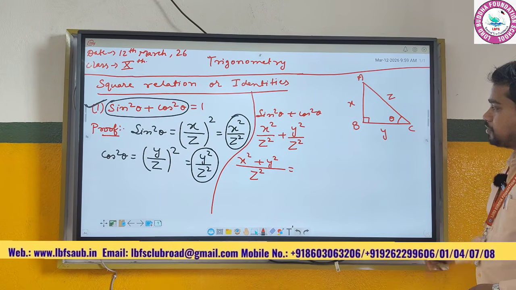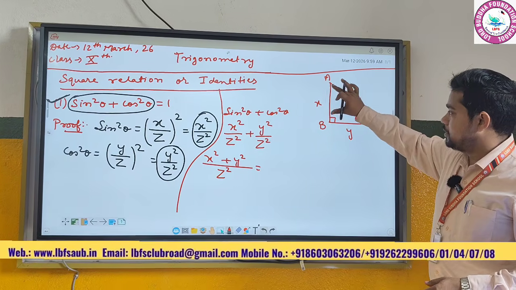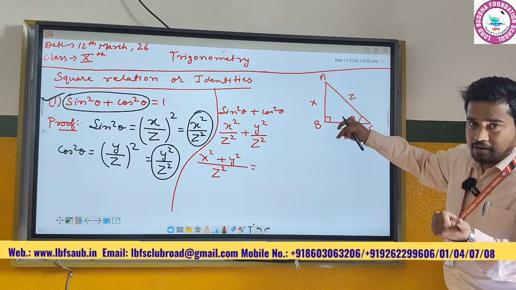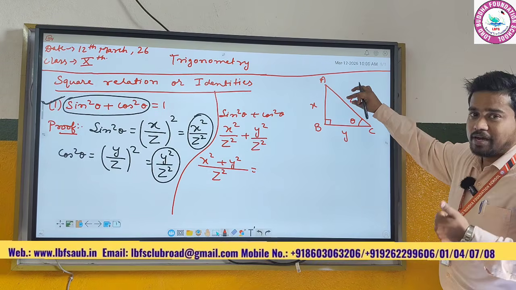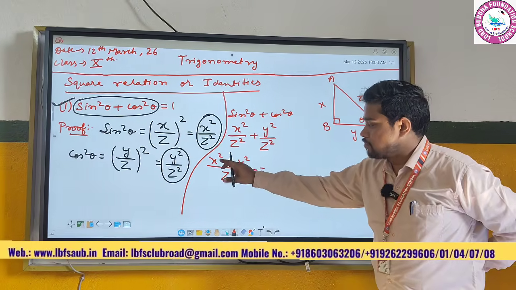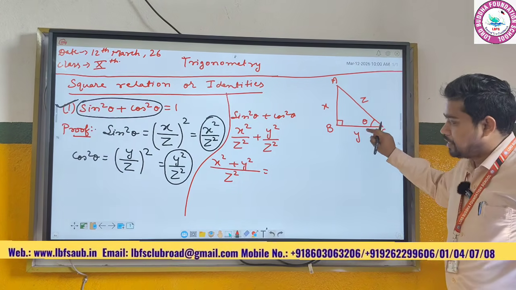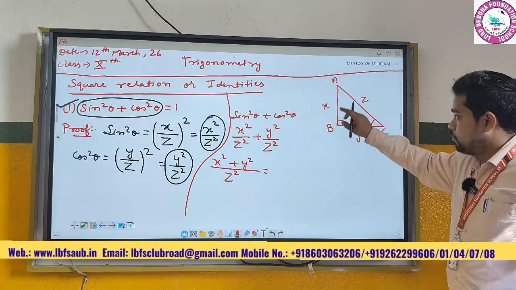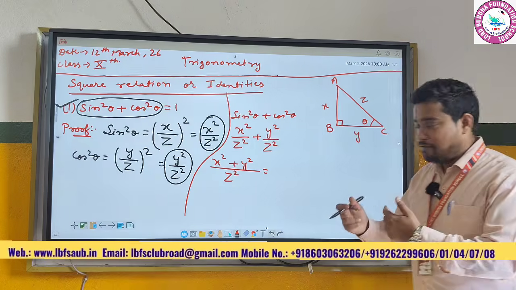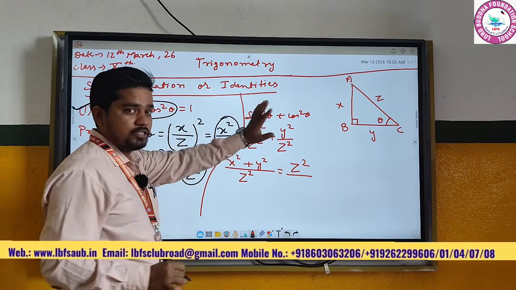The Pythagoras theorem states that in a right angle triangle, the sum of the squares of the perpendicular and the base of that triangle is equal to the square of its hypotenuse. So x square we are considering as the perpendicular, y square as the base. The sum of the squares of perpendicular and base gives us the hypotenuse, which will be z square.